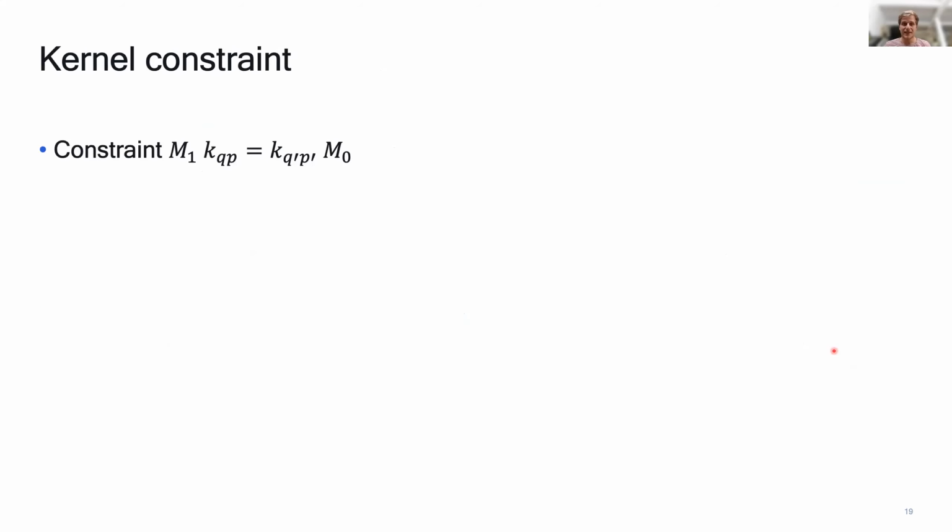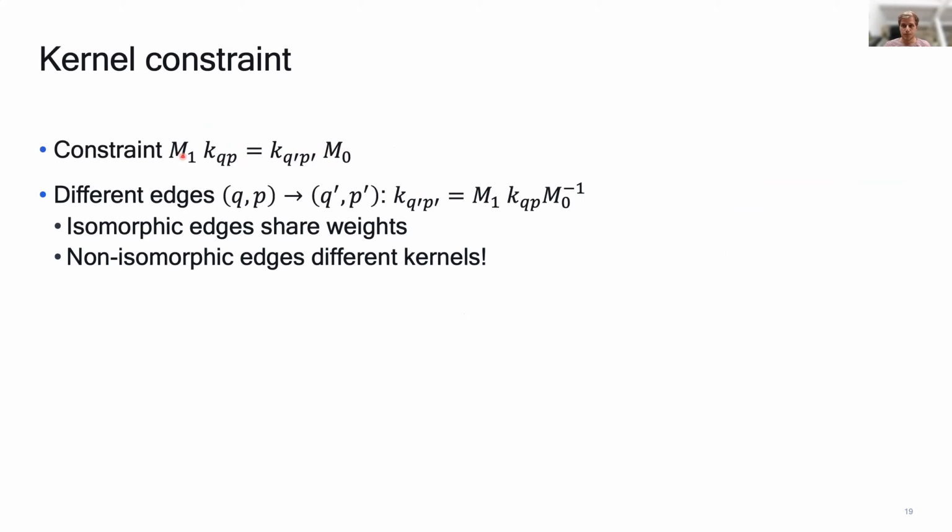So let's look a bit at this constraint. This is the same in equation form. First applying the isomorphism from Q to Q prime and then doing the message passing is the same as first doing the message passing from Q to P and then applying the isomorphism from P to P prime.